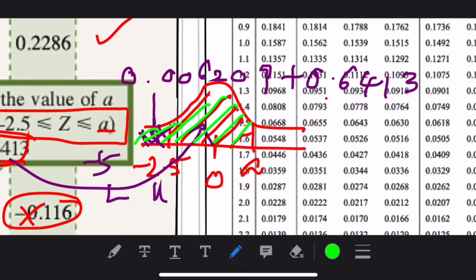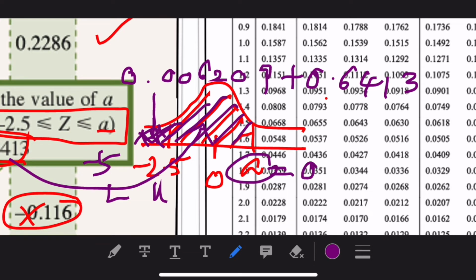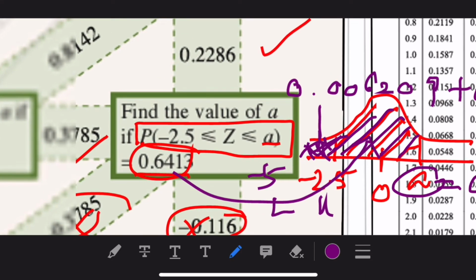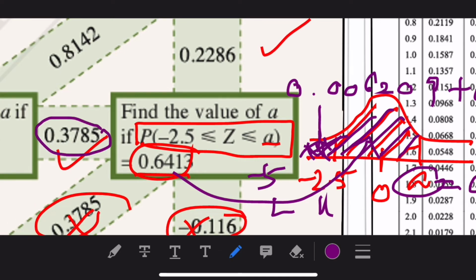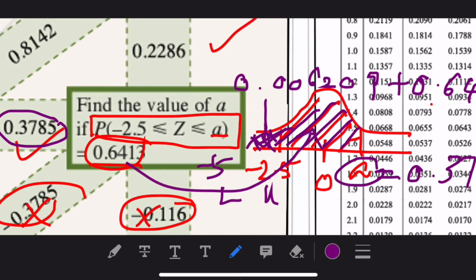So you will get A. From the calculator, I got 0.3786. Directly from the calculator, I got the answer, which is a little bit different. The calculator is a bit more accurate compared to the one in the buku sifir or the normal distribution table. So it's a positive value.